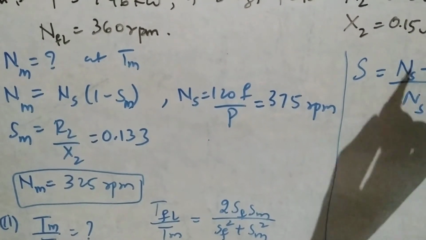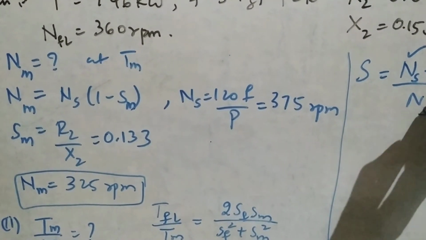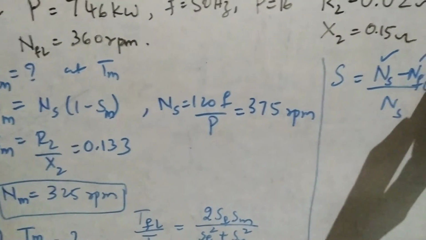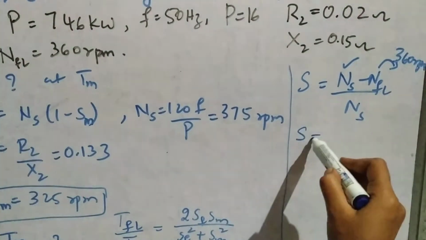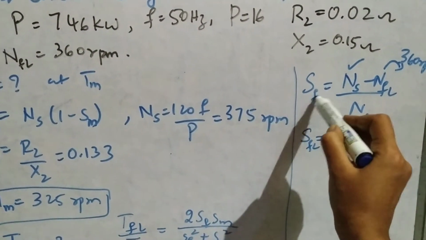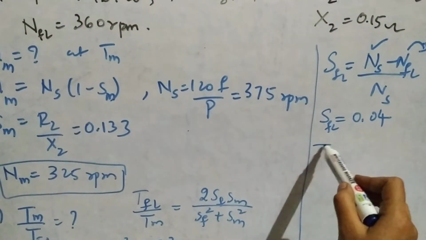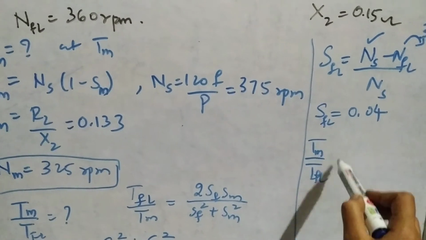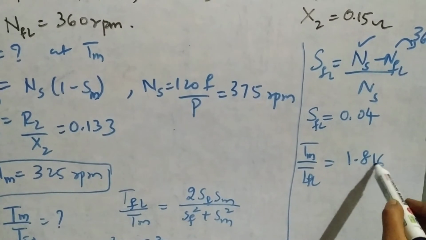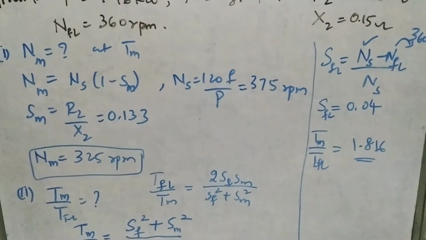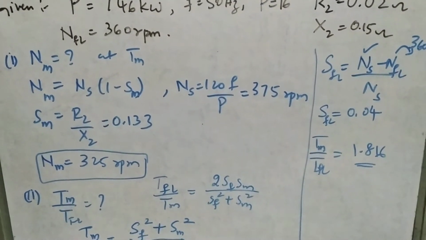In this case Ns we have found, and N we consider as the NFL value, which is 360 rpm. When you substitute, we get SFL as 0.04. After substituting in the torque ratio Tm by TFL, we get the value as 1.816. So that will be the answer. That is about sub-question 2.